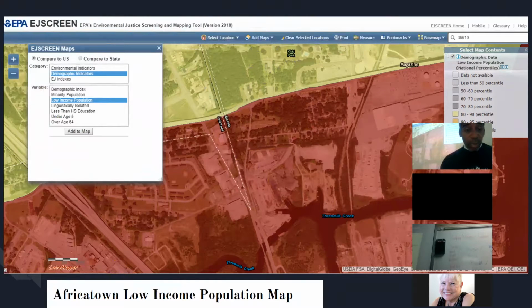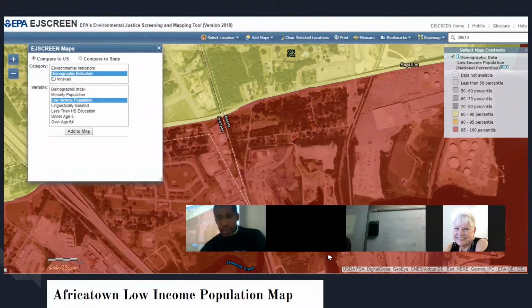Joey used another mapping program called EJScreen. EJScreen is a mapping program that was recently released by the Environmental Protection Agency.